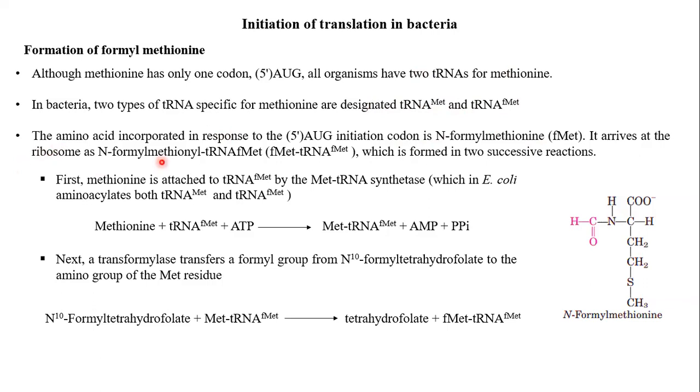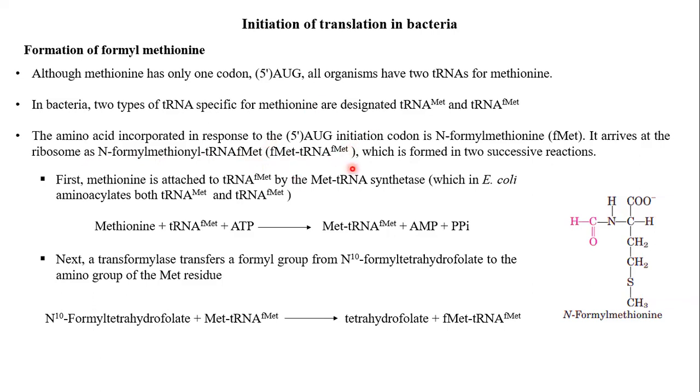So the amino acid incorporated in response to this AUG codon is N-formyl methionine. This is written as fMet. The nitrogen of this methionine gets formylated and it arrives in the ribosome in this form: N-formyl methionine tRNA fMet, written as fMet-tRNA fMet.